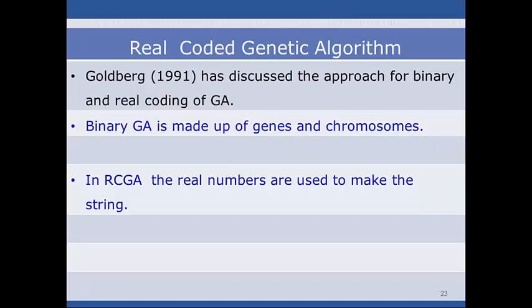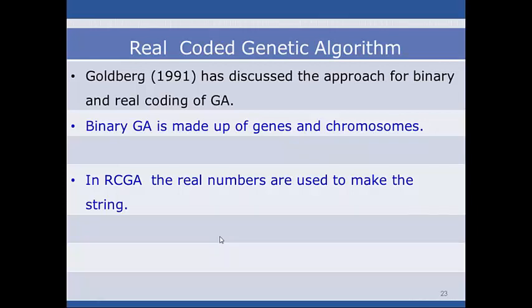This binary code may be 4 digits, 8 digits, or 12 digits for each gene. Then that binary code is converted to a real number. The processing is done, and whatever answer we get is converted back to binary code, and then we get the answer. In this way, the genetic algorithm using binary code works.